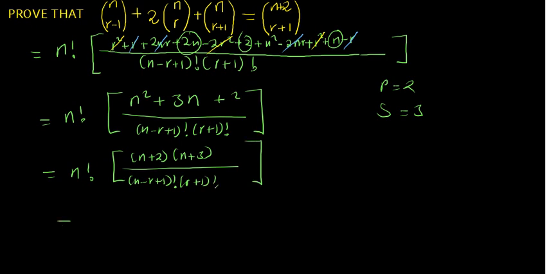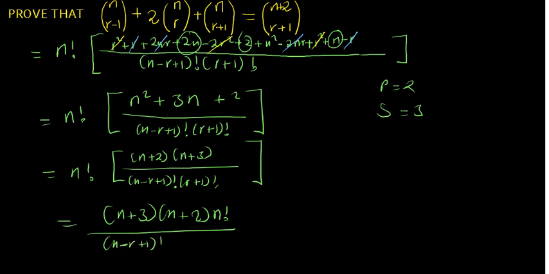So this will give us, I'm going to start with n plus, and then I'm going to multiply by n factorial on top, because this number is on top. So what we have is n plus 3, that's the one I'll start with, and then n plus 2, and then the n factorial at the end, then divided by n minus r plus 1 factorial, r plus 1 factorial also.